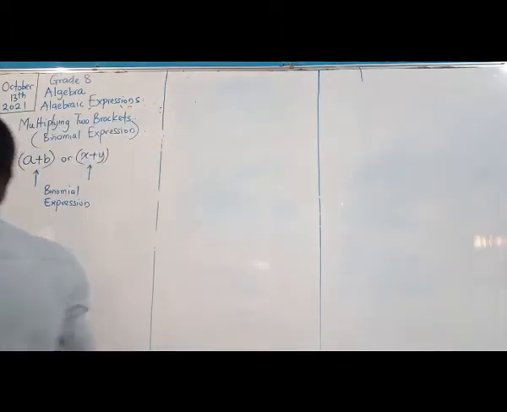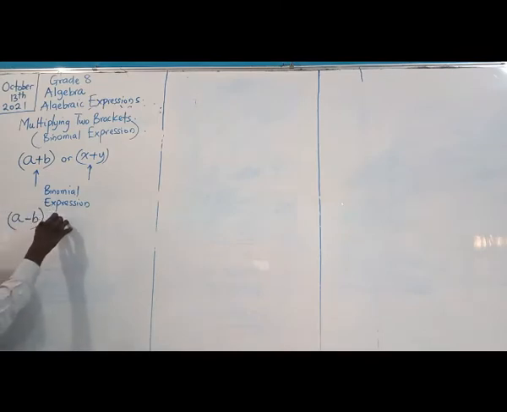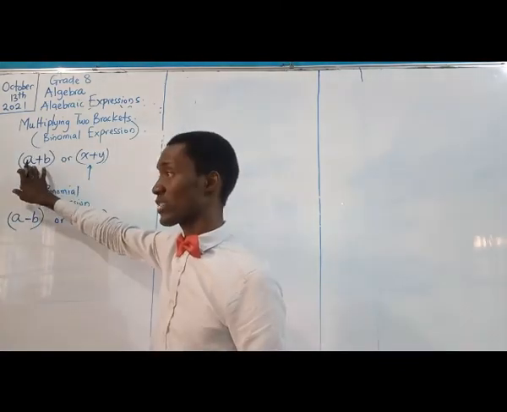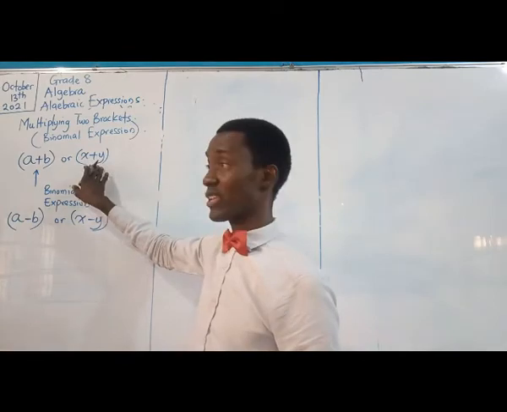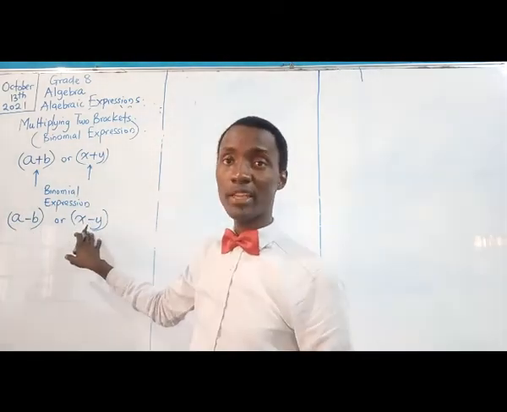I said addition or subtraction, which means I can have this. So all stated on the board, this is a binomial expression, this is another binomial expression, this is another binomial expression, this is another binomial expression.